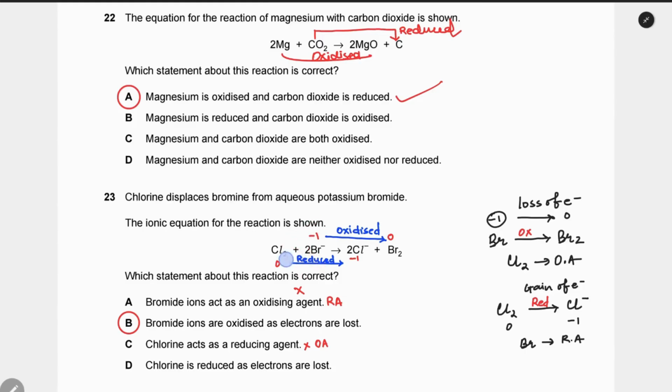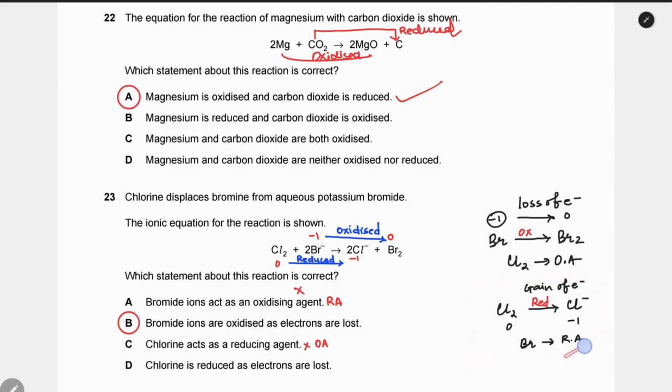Now if you see here, chlorine from the reactant to product is going from 0 to -1. So chlorine is actually gaining the electron, which means it is going to be reduced. If this chlorine is getting reduced, that means bromine will act as the reducing agent, which I have written here.